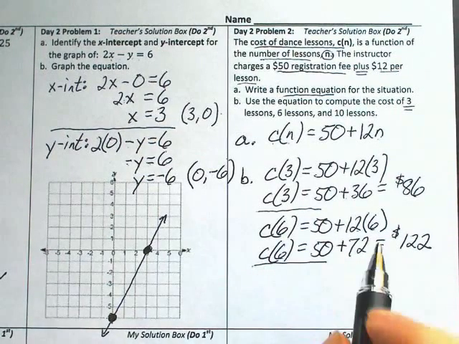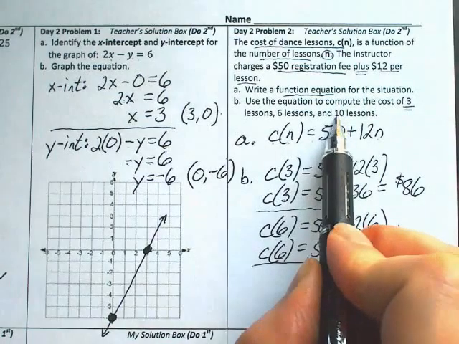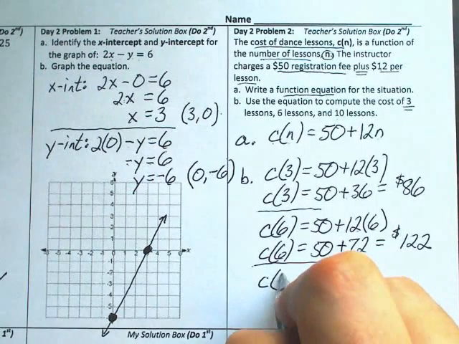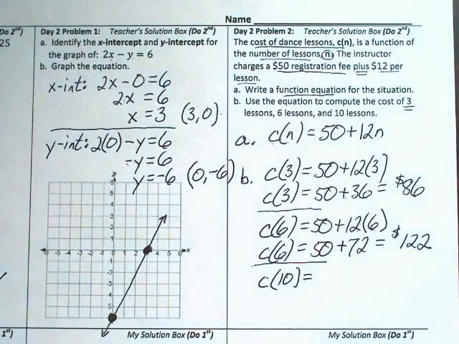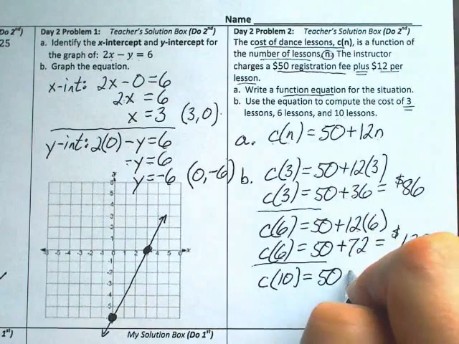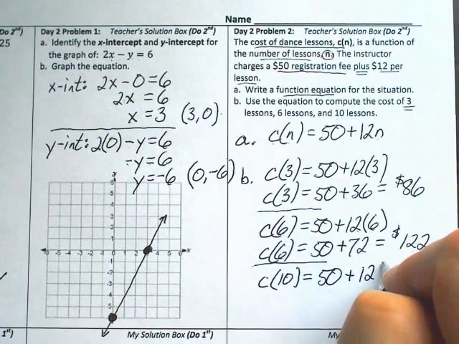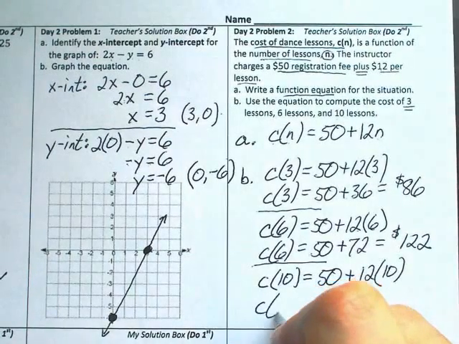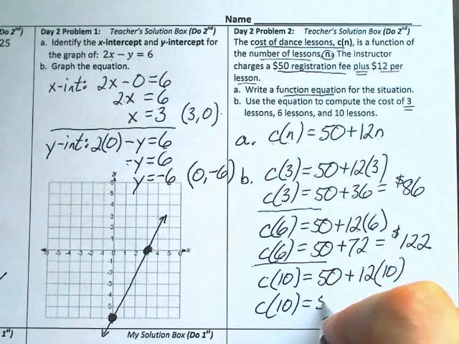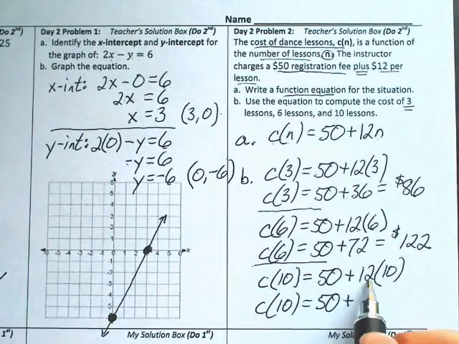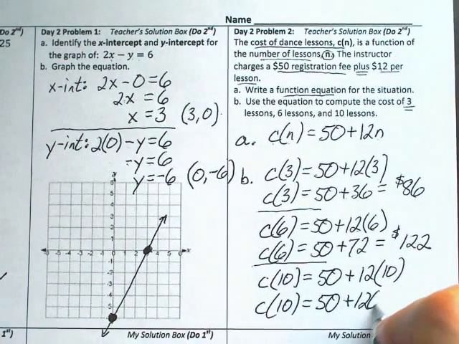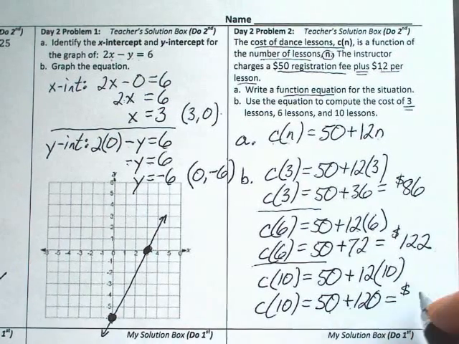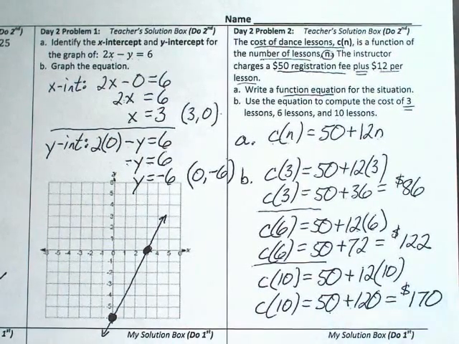Okay, one more to go. This time, let's figure out the cost for 10 lessons. So in function notation, that is C of 10. What is the cost of 10 lessons? 50 plus 12 times 10. So C of 10 equals 50 plus 12 times 10 is 120, and 50 plus 120 is $170.